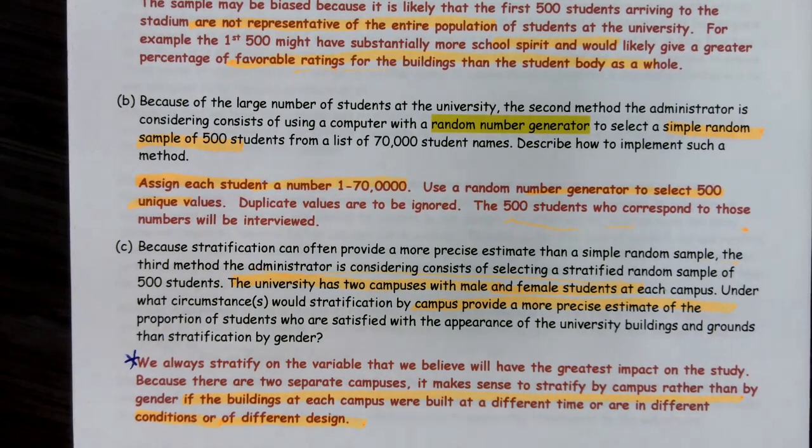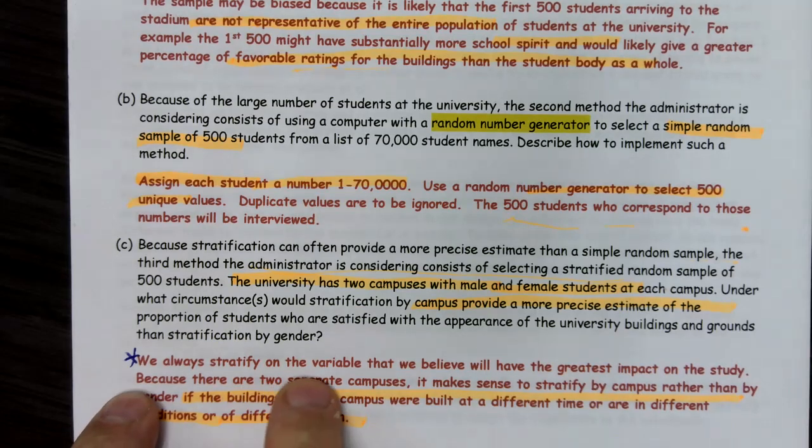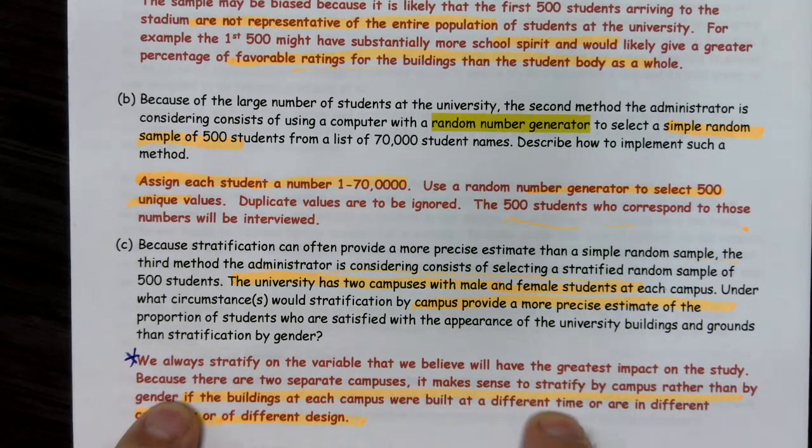Or the old campus doesn't have enough bathrooms, or they have crummy bathrooms, and the new campus has great bathrooms. Or one has good Wi-Fi and the other doesn't. Or one's in a sketchy area of town and one isn't. You just have to give a reasonable response, but we need to start off with we stratify on the variable that'll have the greatest impact. And if the campuses are different, then one might be better than the other or perceived to be so.